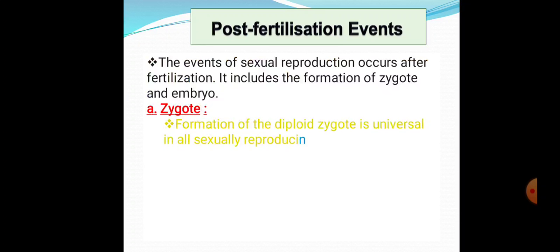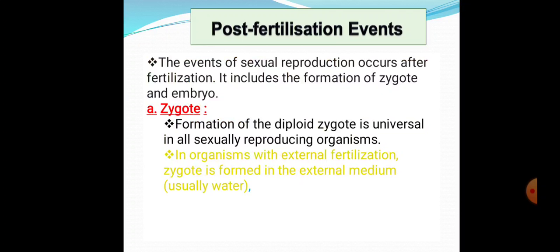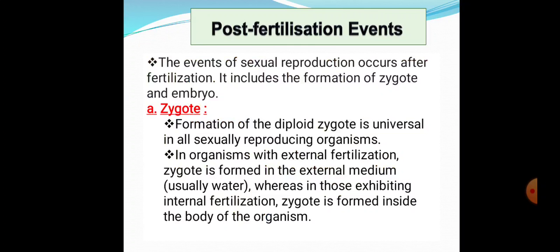Formation of a diploid zygote after the fusion of male and female gametes is universal in all sexually reproducing organisms. In organisms with external fertilization, the zygote is formed in the external medium, whereas in those exhibiting internal fertilization, the zygote is formed inside the body of the organism.